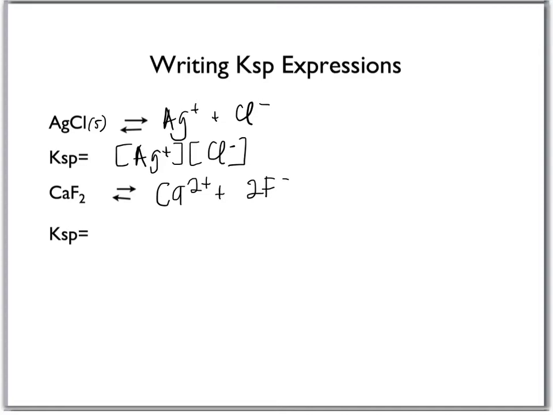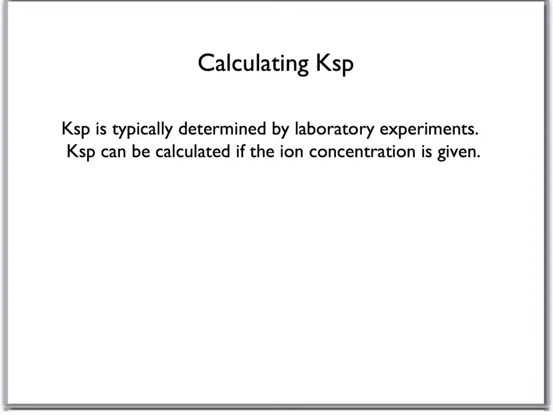So our equilibrium expression is going to be the concentration of calcium times the concentration of fluoride raised to the coefficient's value, the second power. KSP is typically determined by laboratory experiments, but we can calculate the KSP if the ion concentration is given.